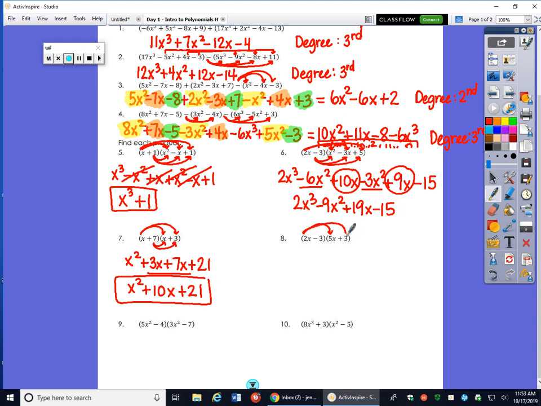Same thing on number 8, we're going to distribute. 2x times 5x is 10x squared. 2x times 3 is 6x. Negative 3 times 5x is negative 15x. Sorry about that. And negative 3 times 3 is negative 9. These two get put together. You end up having 10x squared minus 9x minus 9.